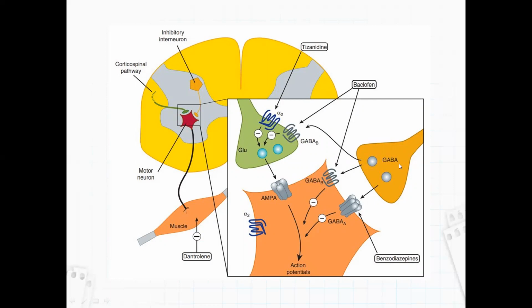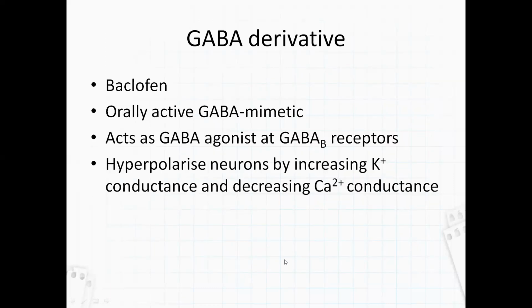It will mimic the GABA, and what will it do? It inhibits the action potential, due to which it hyperpolarizes neurons by increasing the potassium conductance and decreasing the calcium conductance. And calcium is an important mineral in skeletal muscle contraction.